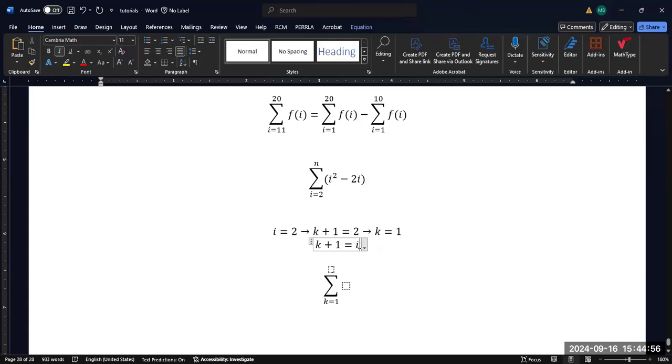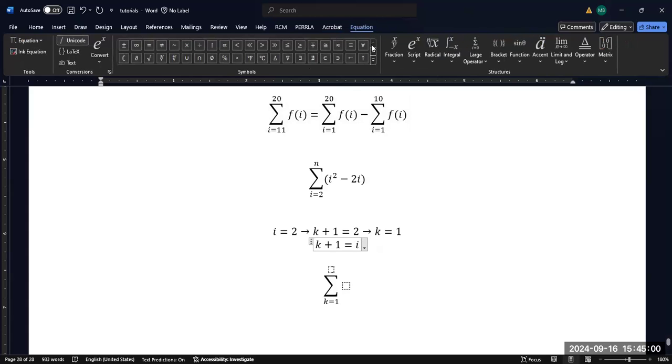Now, if k plus 1 is equal to i, then that's going to imply that anywhere there's an i in my expression, I'm going to have to replace it with k plus 1. So notice I'm stepping down my index, which means everywhere in my expression, I have to step up my index value.